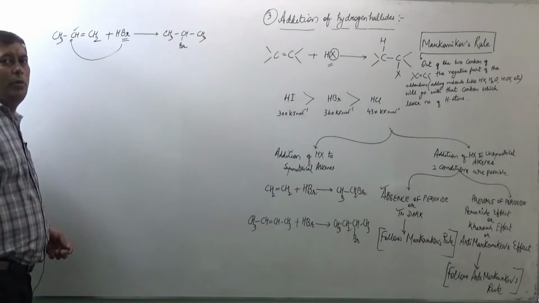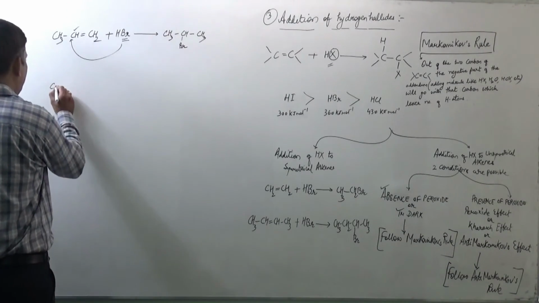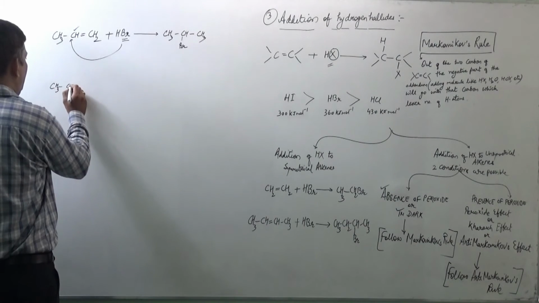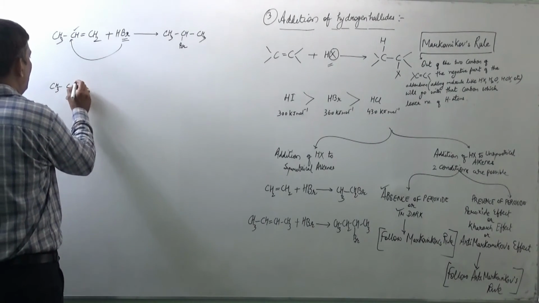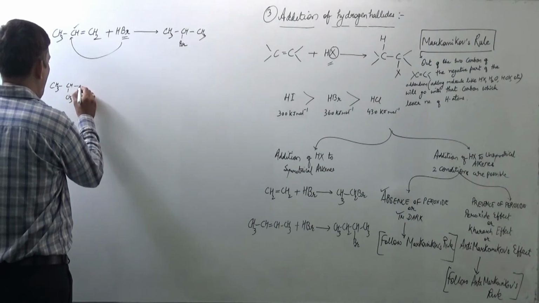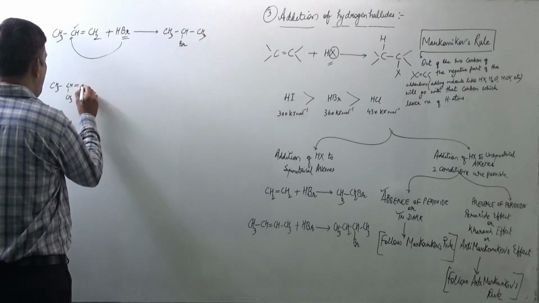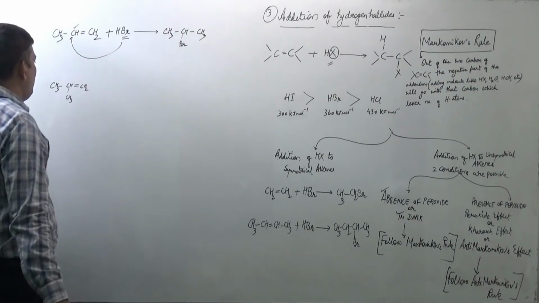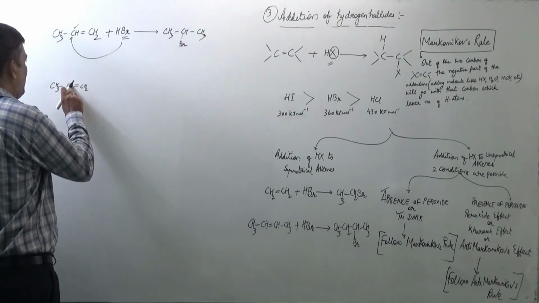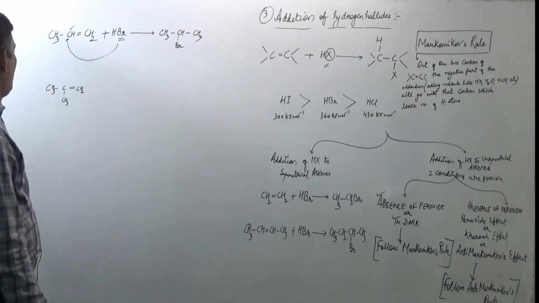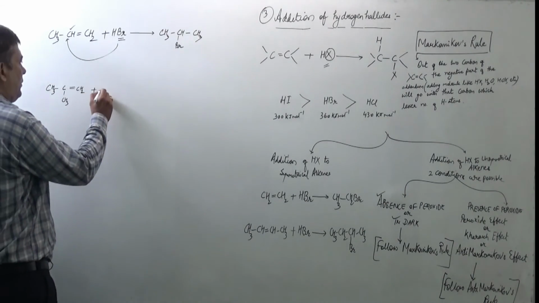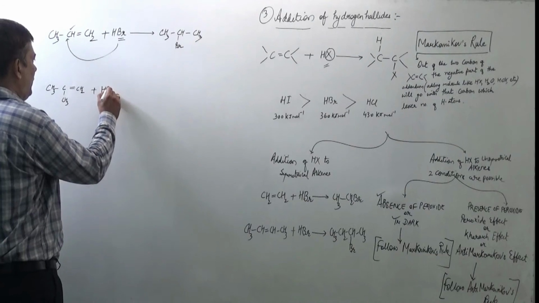And now let us consider one more example. This is an alkene, (CH3)2C=CH2. Now it reacts with HBr.